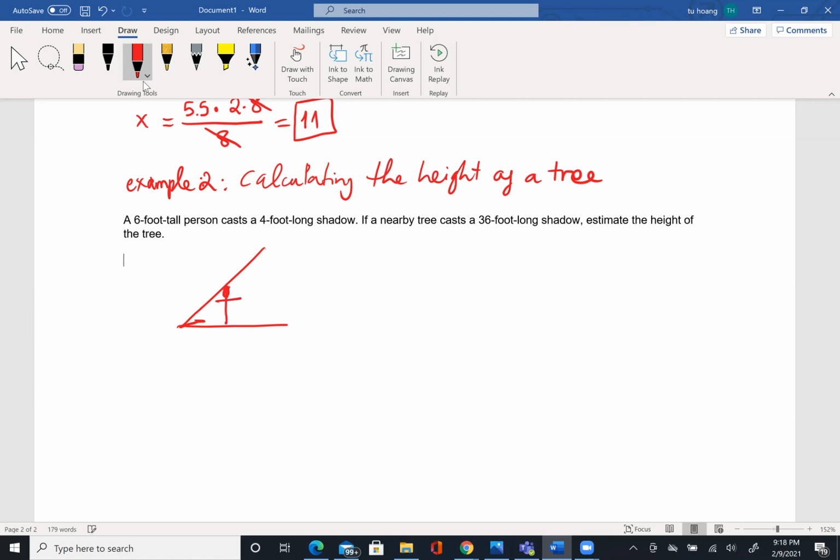This person is not a good picture, but you can know that this guy is 6 feet. Okay. What else? You have a tree, maybe. Here's a tree.